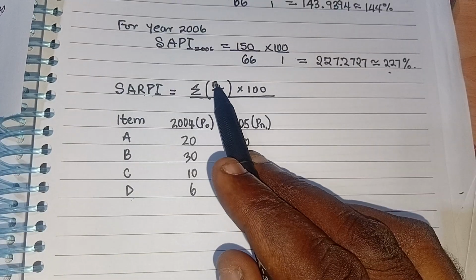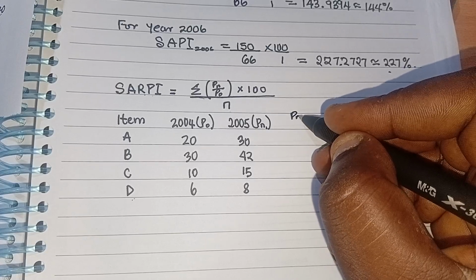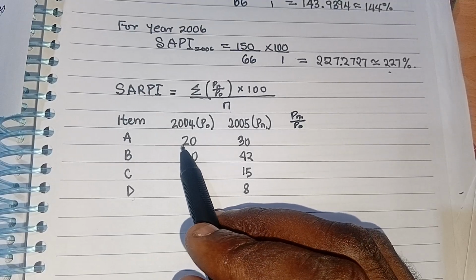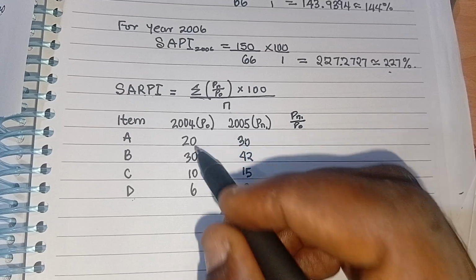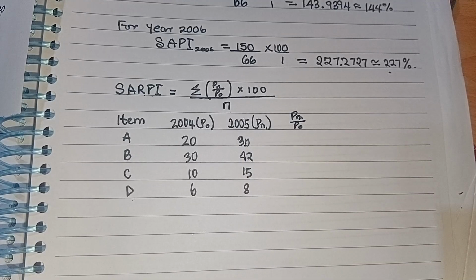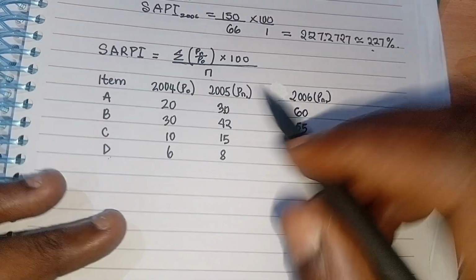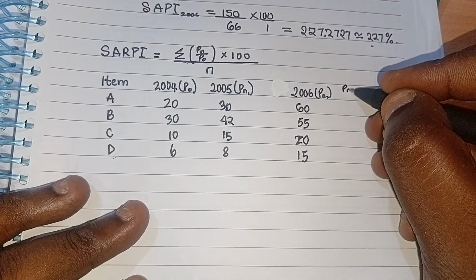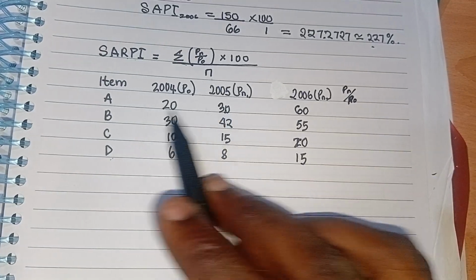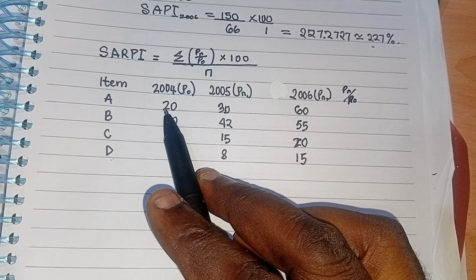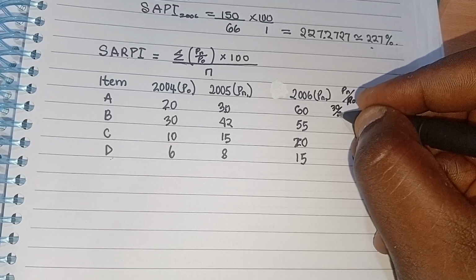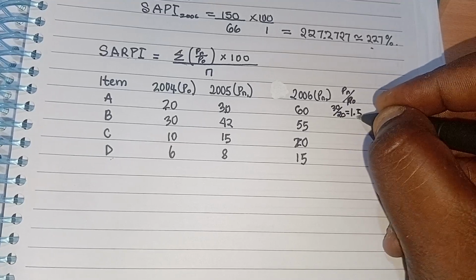Now to do this, you need to get PN1 divided by PO. So for 2005, we have PN1 divided by PO. We have 30 divided by 20, and this gives 1.5.